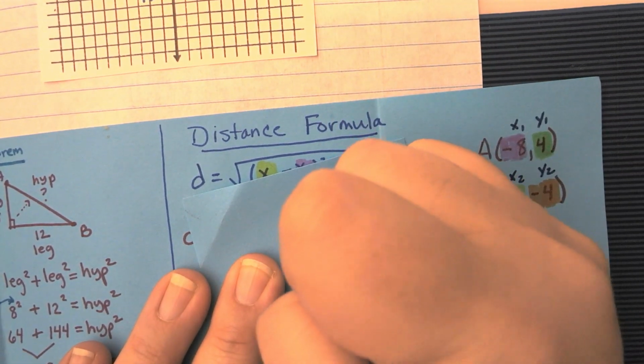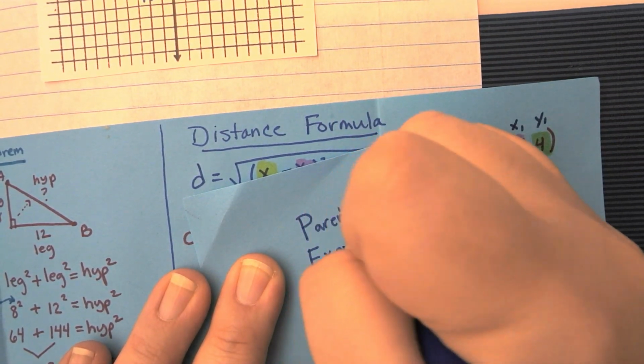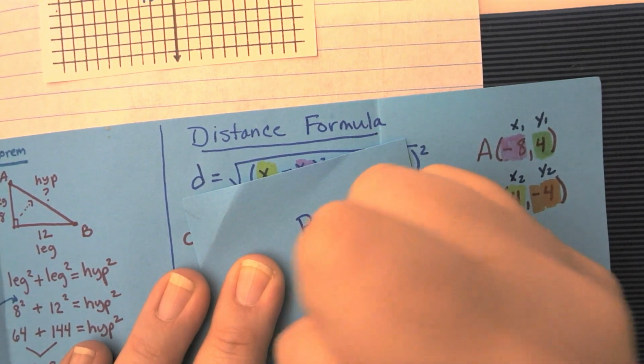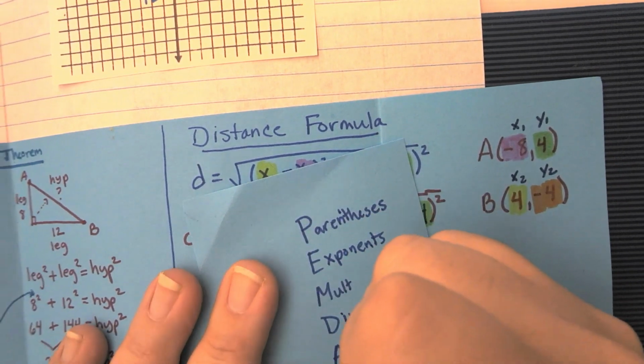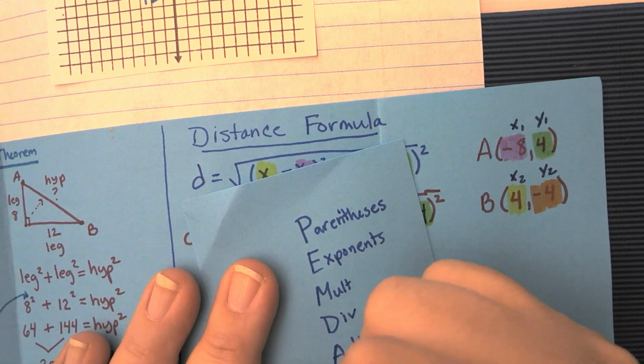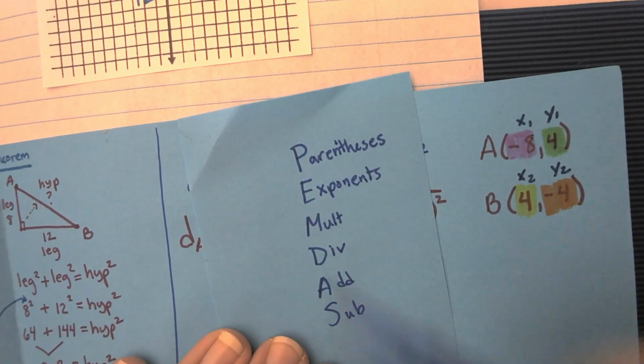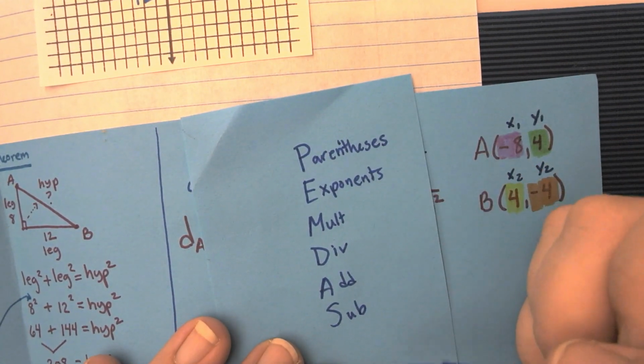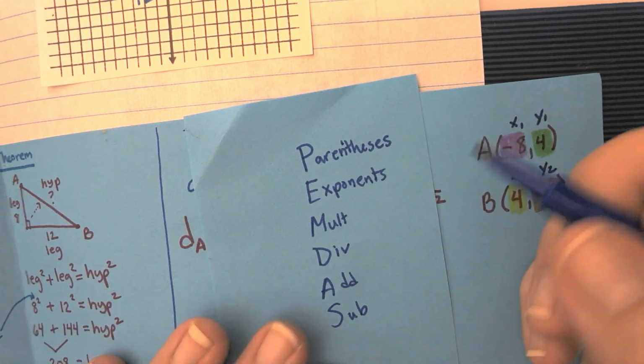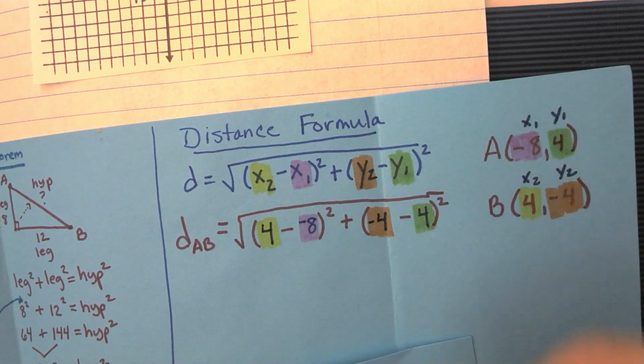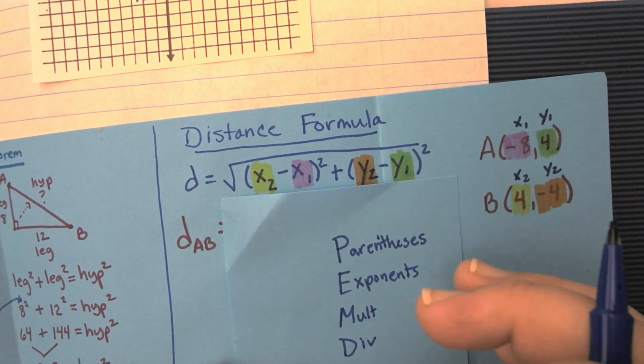E stands for exponents. Then we have multiplication and division, working left to right. Then we have addition and subtraction. So we're going to use PEMDAS, the order of operations, to go through this formula and simplify it piece by piece till we get down to one final number.